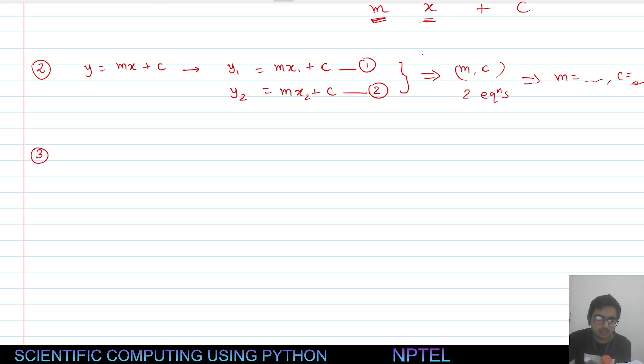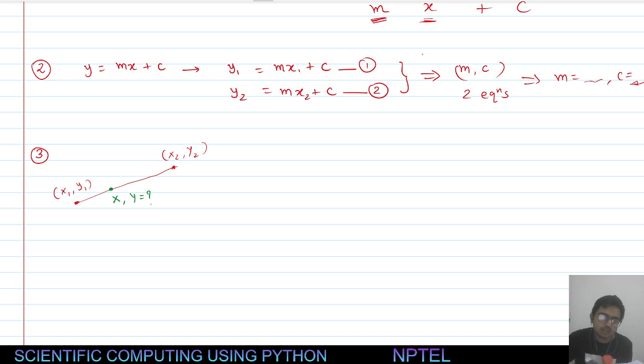The third way, which is important because it is going to enable us to generalize to the higher order polynomial interpolation, is that we have one point x1 comma y1 and x2 comma y2, and somewhere in the middle we have x, and we want to know what is y as a function of x, right?